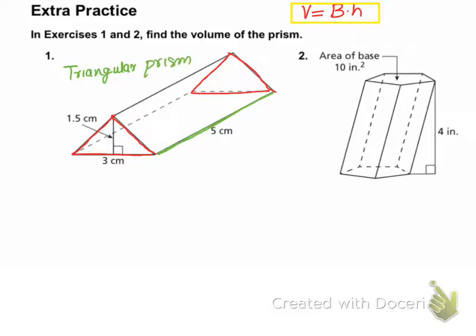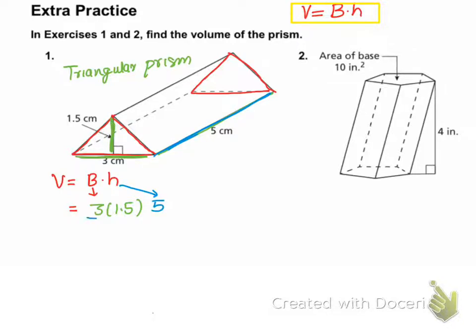All right, so we have the same formula. V equals base area times height, and the base is a triangle, and a triangle's area is base times height over 2. So for this one, the base is this part, 3, and the height is 1.5, so we write 3 times 1.5. Now the height of the prism is this 5 centimeters, so I'll multiply by 5.